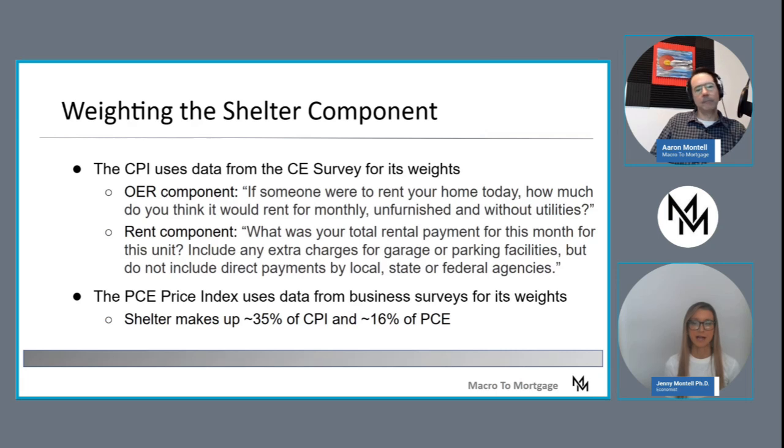And when you're looking at the headline inflation measures from both of those, they can differ, with CPI often being higher than PCE, but I think they are starting to converge recently a little bit. But shelter makes up pretty much the largest component of both of them, but a much larger share of CPI, more than double that of PCE. Yeah, good point.